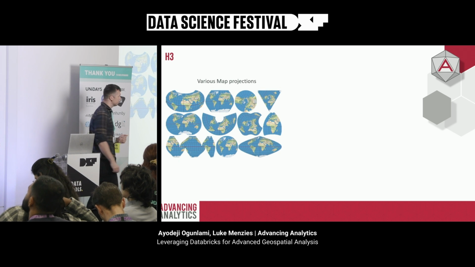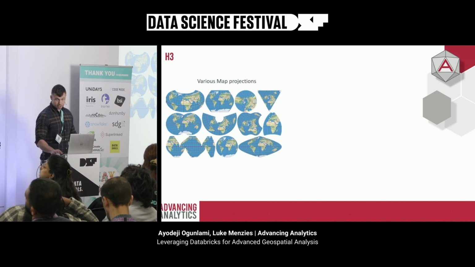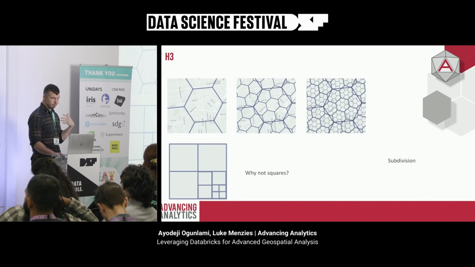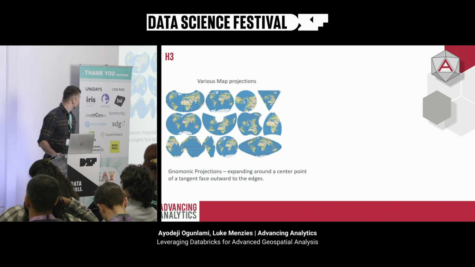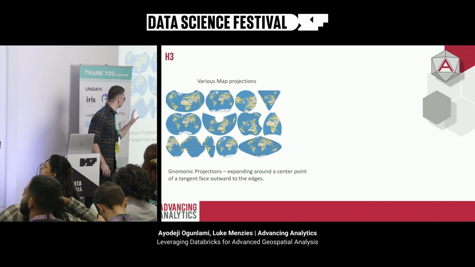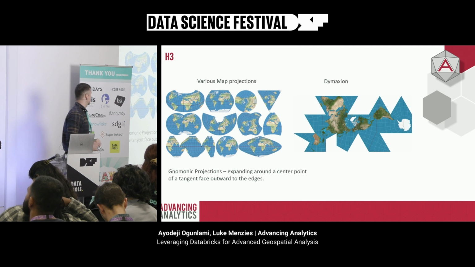We talked about distortions and things with projections. These are typical projections, but I want to talk to you about something called a Dymaxion projection. These are the normal ones that you see, like a gnomonic projection. However, this is a Dymaxion projection.